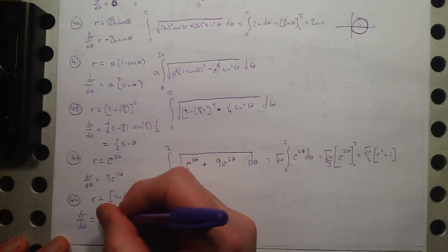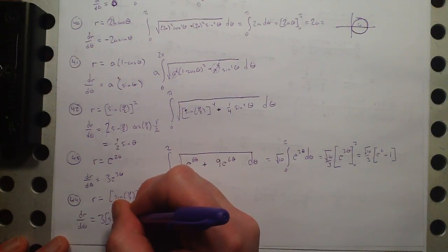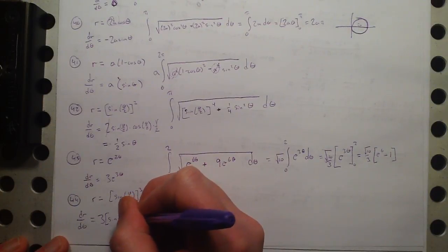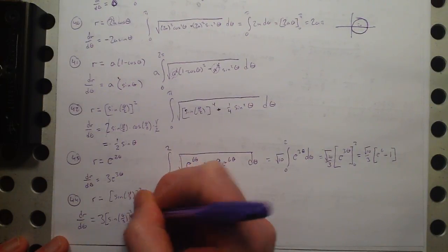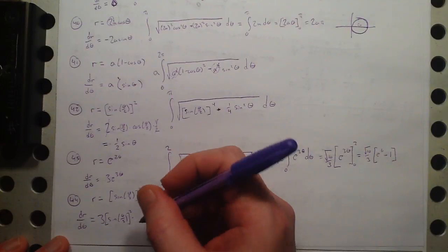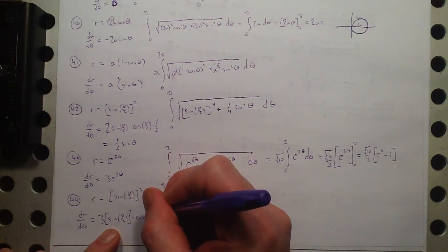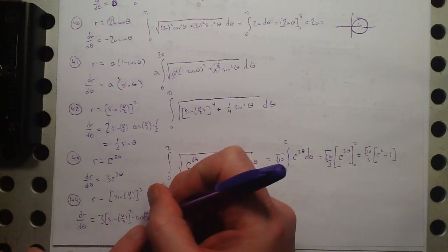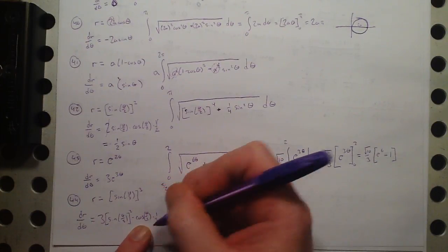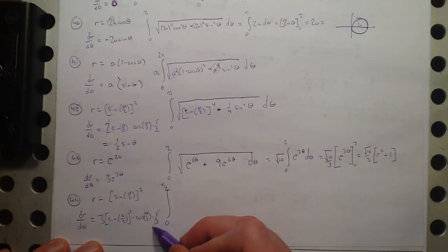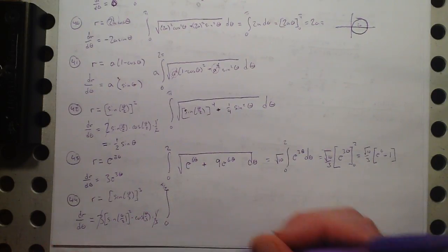Derivative of something cubed is 3 times that thing squared times the derivative of what's inside. It would be cosine of theta over 3 times the derivative of what's inside that, which is 1/3. So the 1/3 and the 3 cancel out.